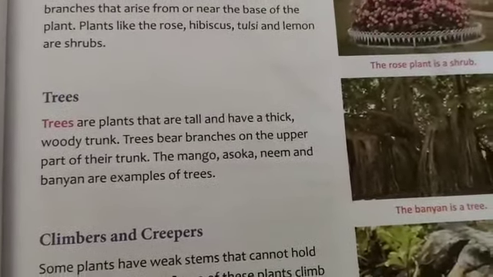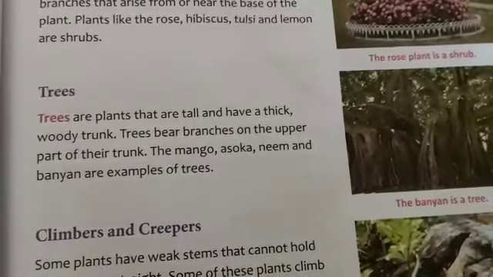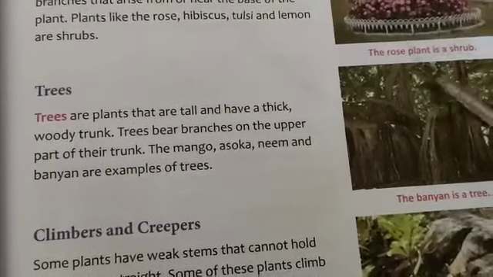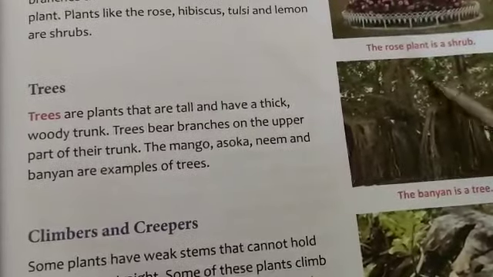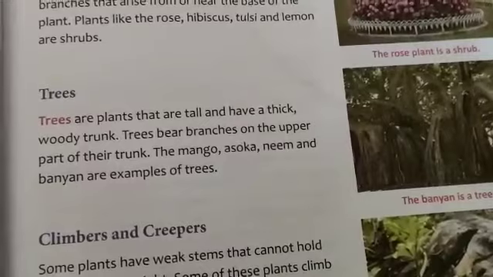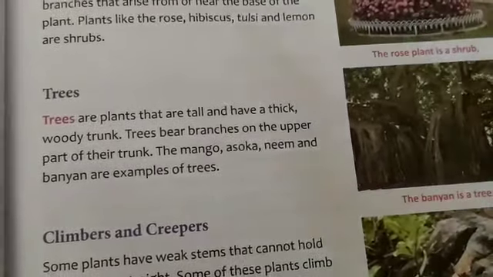Trees bear branches on the upper part of their trunk. The trunks are very long. They are very strong also. And on their upper part, what happens? There are branches. From there, the leaves grow. The mango, ashoka, neem and banyan are examples of trees.